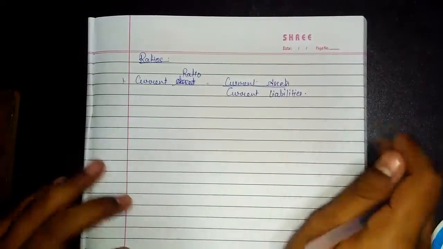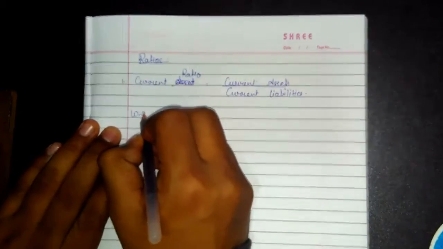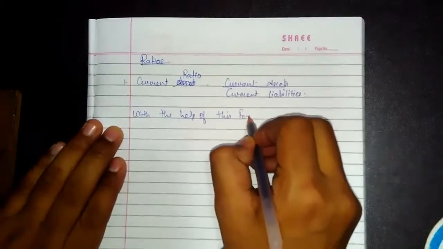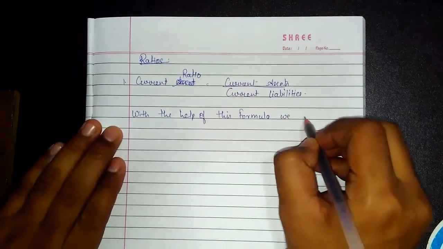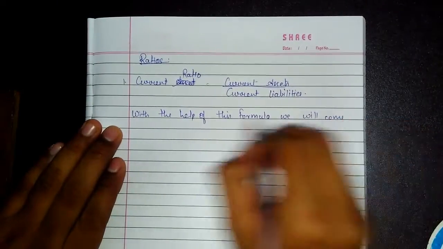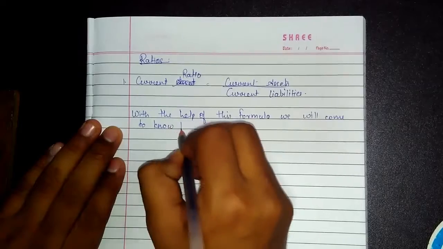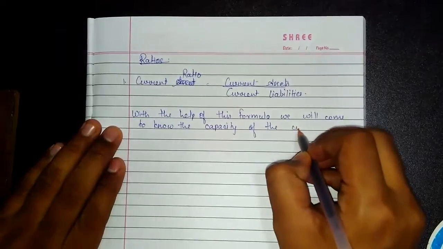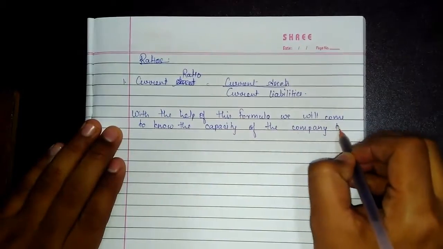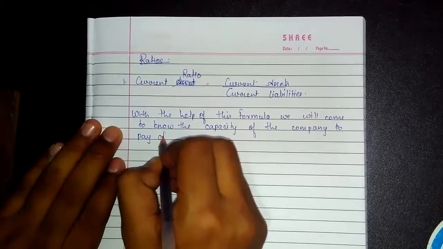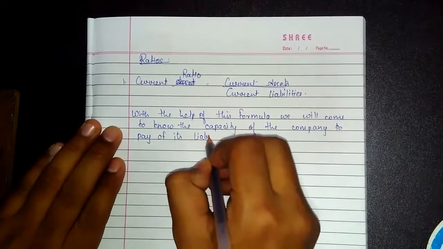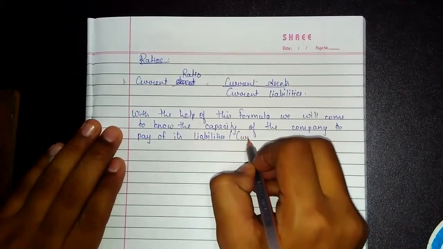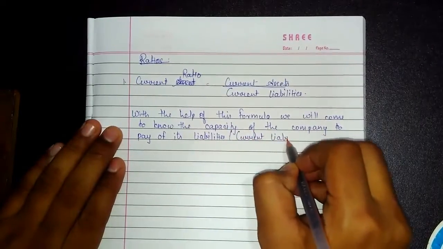With the help of this formula, we will come to know the capacity of the company to pay off its liabilities, that is current liabilities.